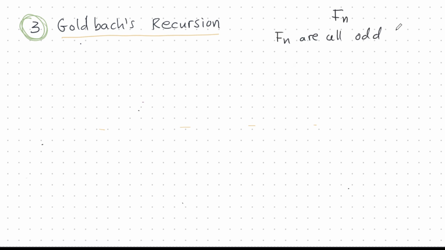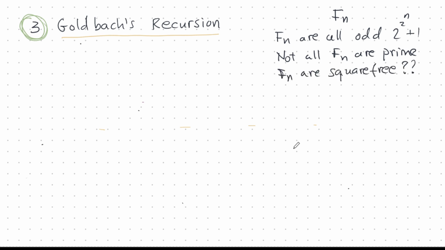First of all, they're all odd, because 2 to the n is even, and when you add 1 to that, it's odd. And Fermat was wrong: not all the F of n are prime. And in fact, there are some unanswered questions about this. Just in passing, we seem to have discovered from the computer that the Fn are all square free. But as far as I know, this has never been proved, and it's still an open question. If you know more about it, let me know in the comments.